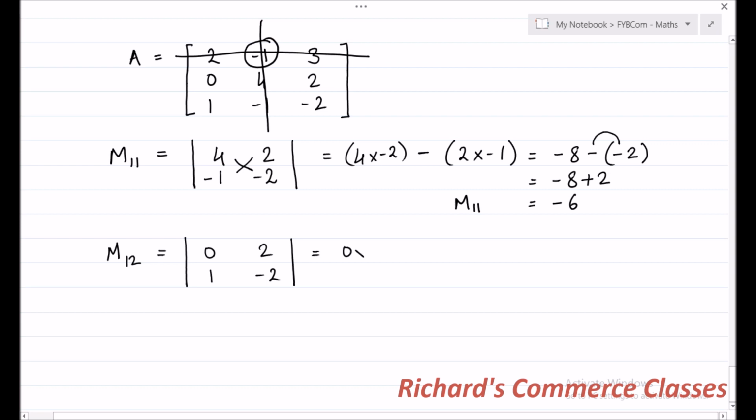Solving this, it will be 0 into minus 2 minus 2 into 1. Cross multiply, and the sign in the middle is a negative sign. This is equal to 0 into minus 2 is 0, minus 2 into 1 is 2, and the answer is minus 2.